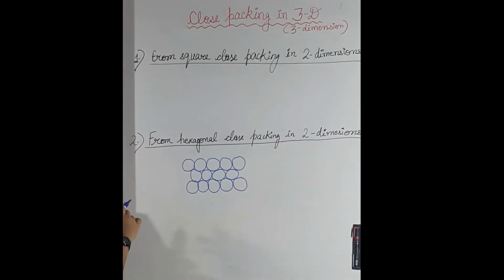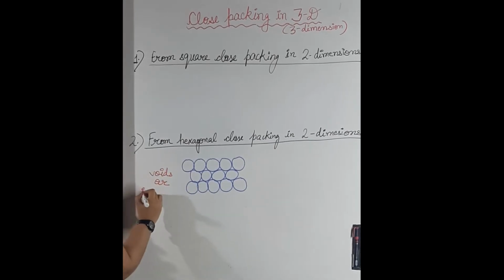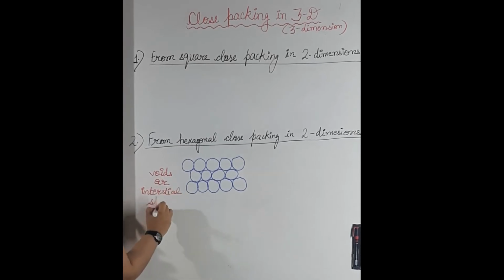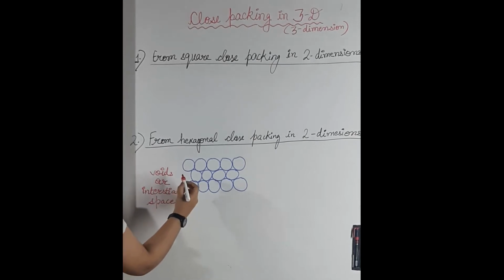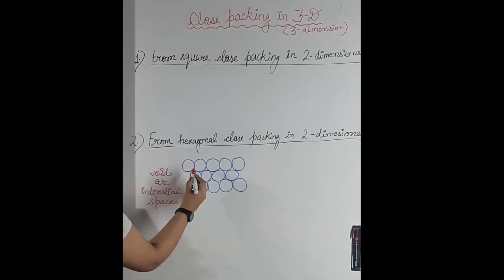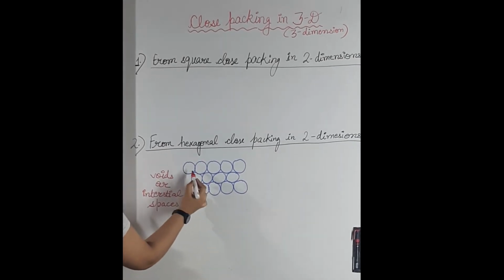Here 2 types of voids are formed. Voids are also known as interstitial spaces. First is the triangular void, in which the apex of the triangle is in the upward direction.